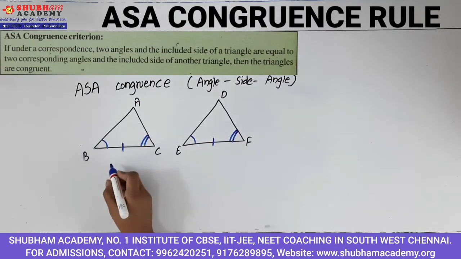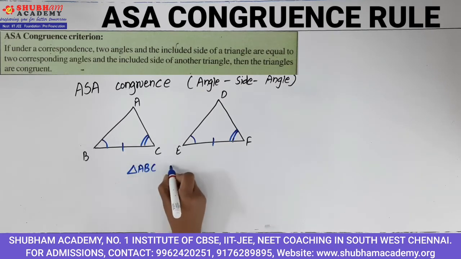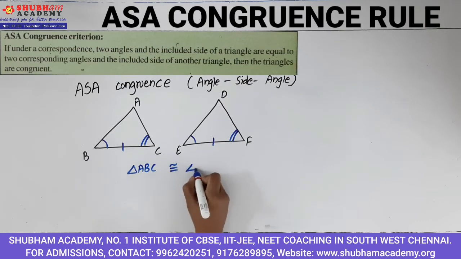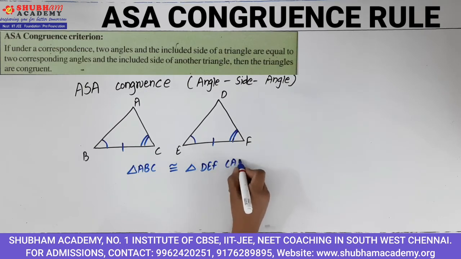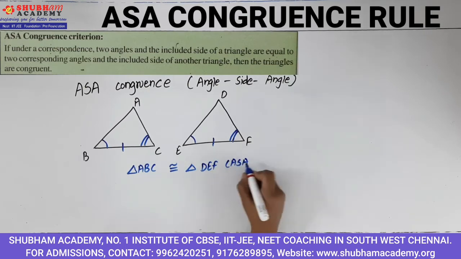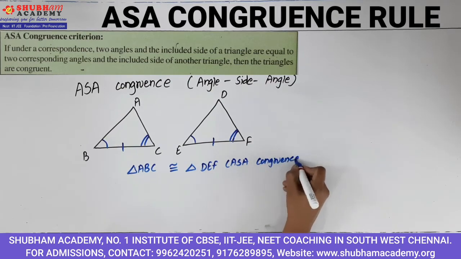So here we can see that triangle ABC is congruent to triangle DEF under ASA, angle side angle congruence rule.